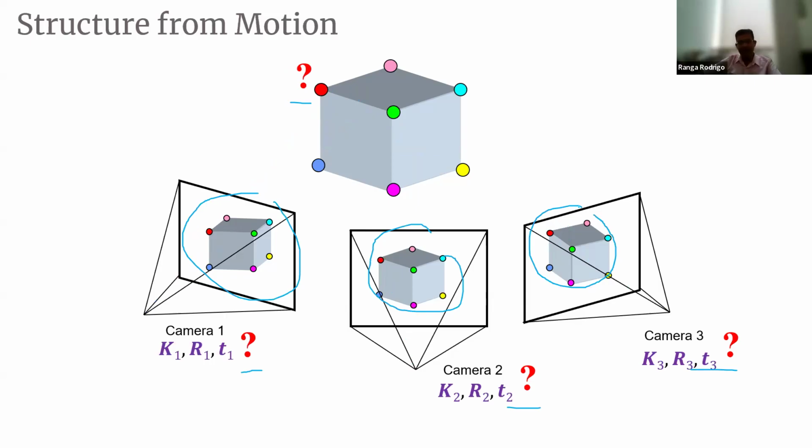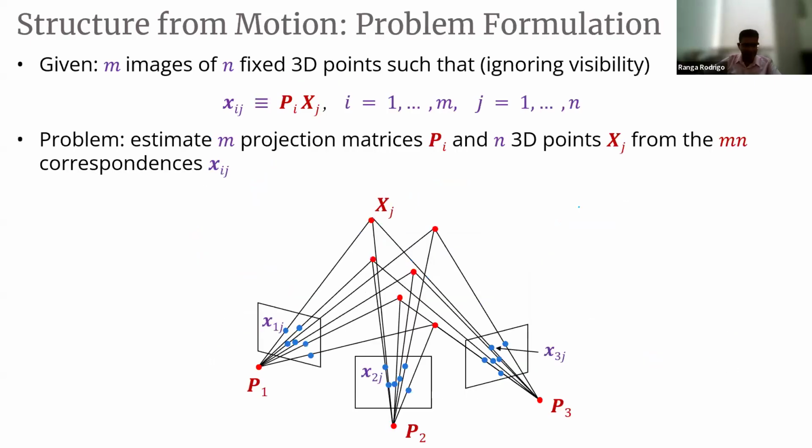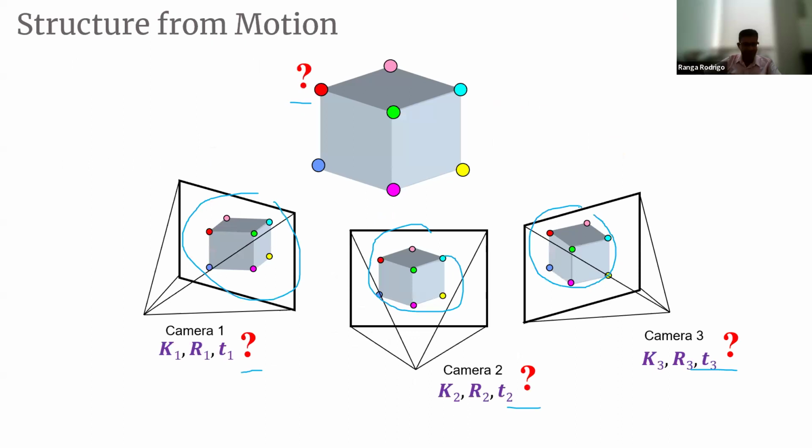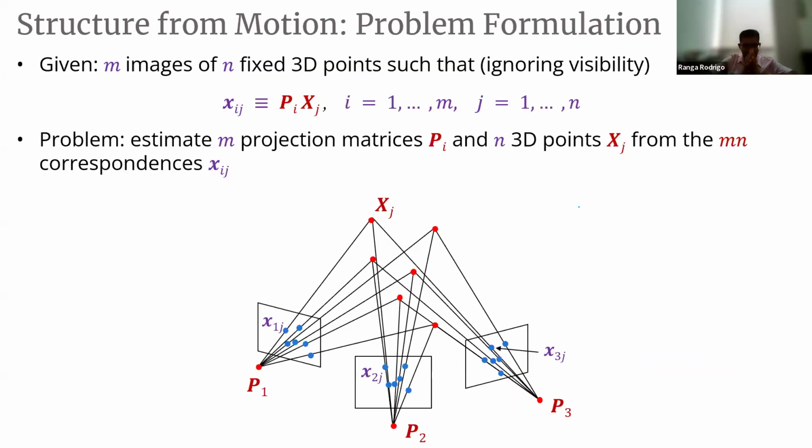That is structure from motion. To define it properly: given m images of n fixed 3D points, ignoring visibility, you can see there are m images, which means m cameras, and the index i goes from 1 to n. These are the m cameras.